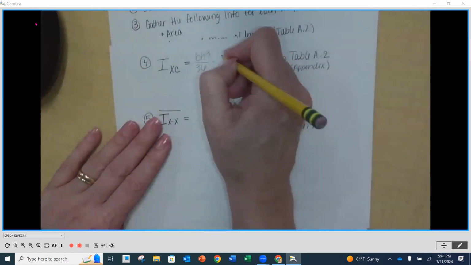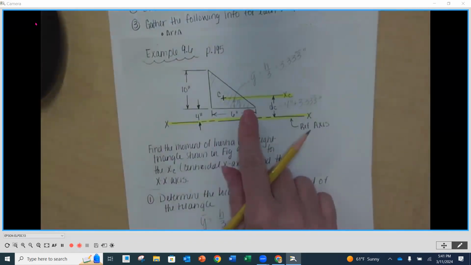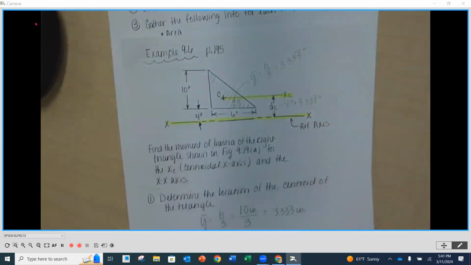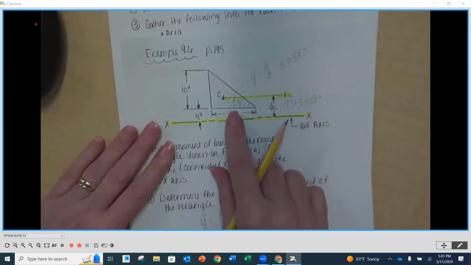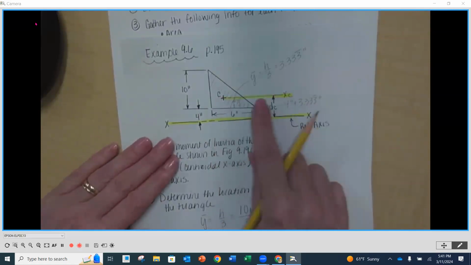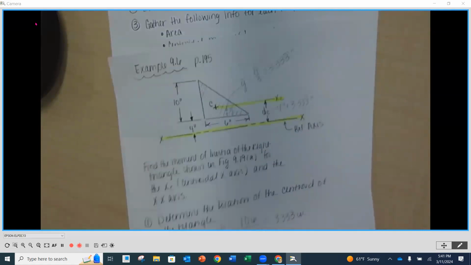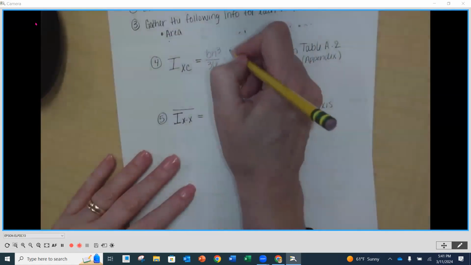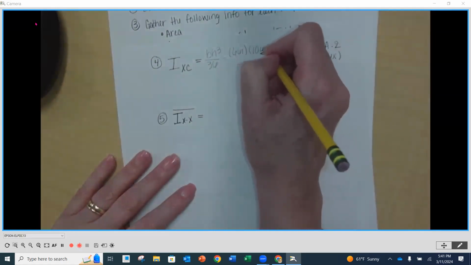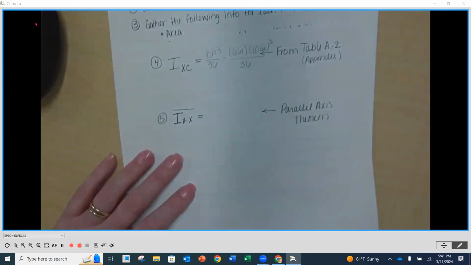We know that our base is 6 inches and our height is 10 inches. We have to get the base and the height right. The base is always going to be parallel to the axis that we're summing around. We're summing around the X centroidal axis, and the 6 inches is parallel to that. So base is 6 inches and height is 10 inches. Cube that and divide by 36.